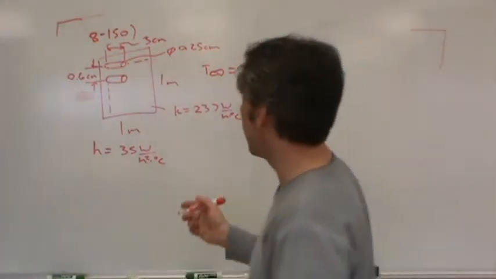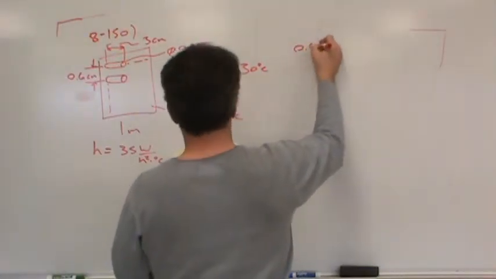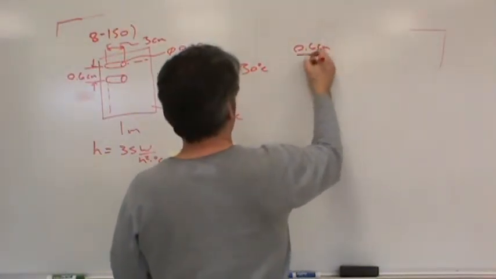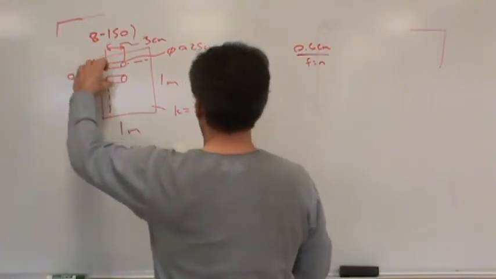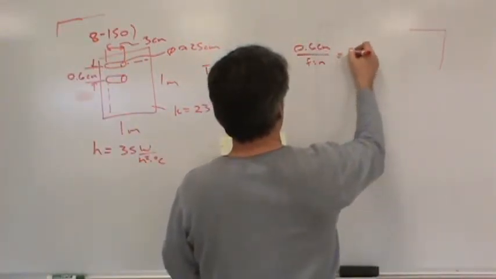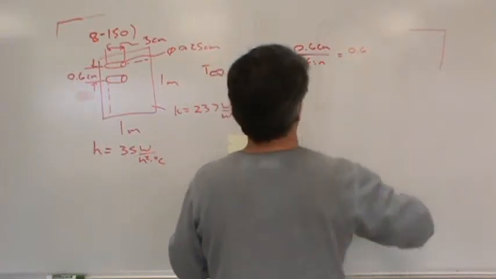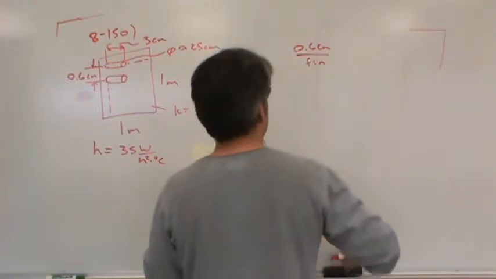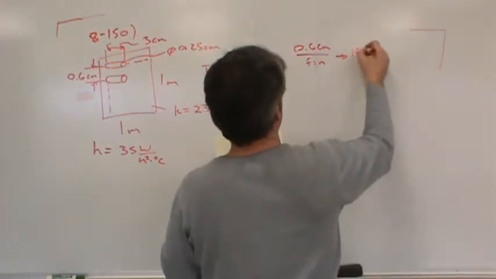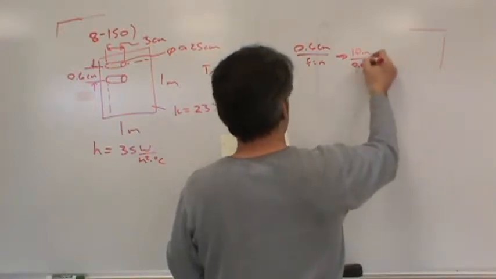That's pretty straightforward. You realize that there's 0.6 centimeters per fin, so that's the spacing. And so what that suggests is that this is 1 fin per 0.006 meters.